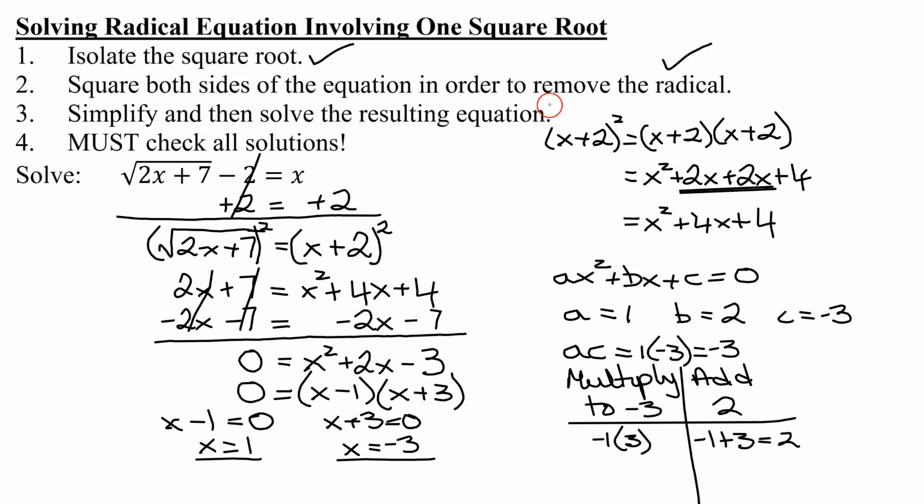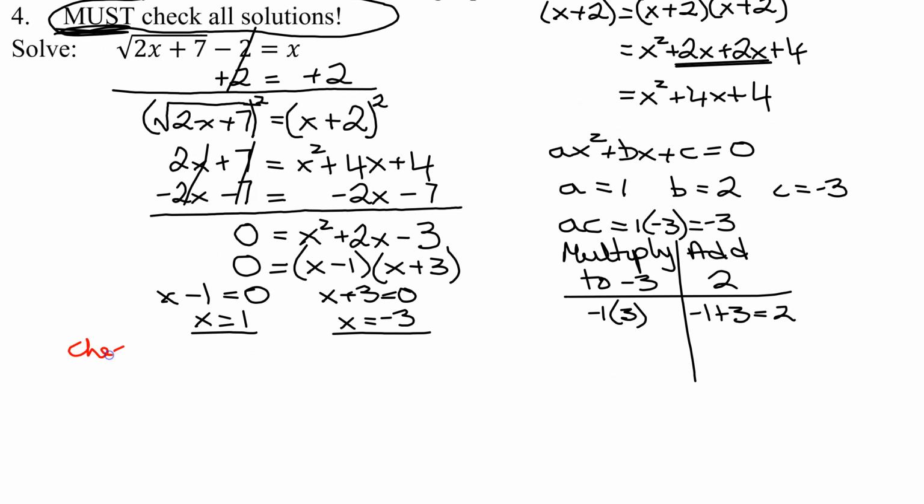So I have done step 3, but please don't forget, this isn't you can check if you feel like it. This is you must check for extraneous solutions. Since I'm running out of room, I'm going to put it on pause for a second. So first of all, let's check x equals 1. Plug it back into the original equation, that is this equation here, before I subtracted the 2 from both sides. So I'm going to have to put x equals 1 here and here.